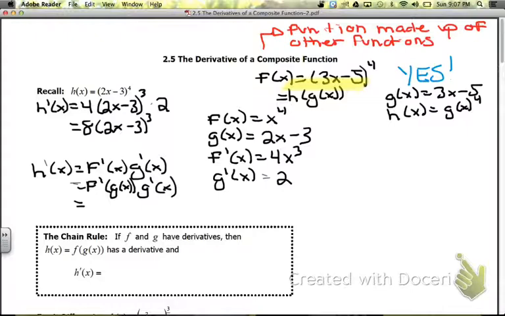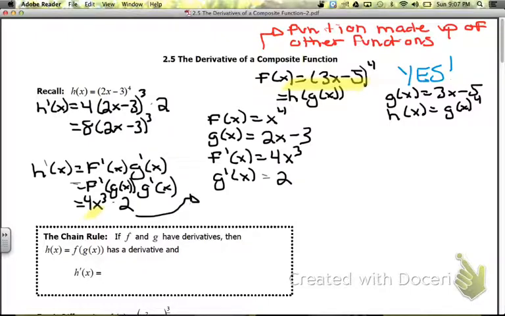So we can go ahead and put those values in here. So we know that when we take the derivative here, we have 4x cubed times our g prime of x, which is times 2. But we know we have to replace this x here with our g of x.